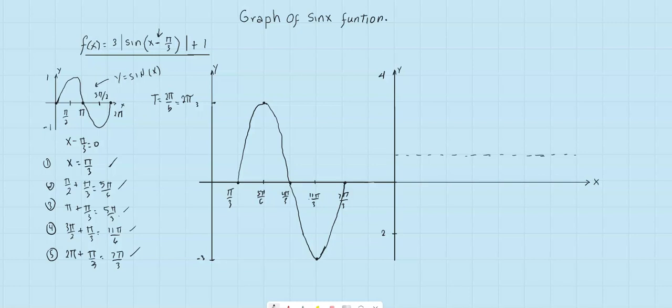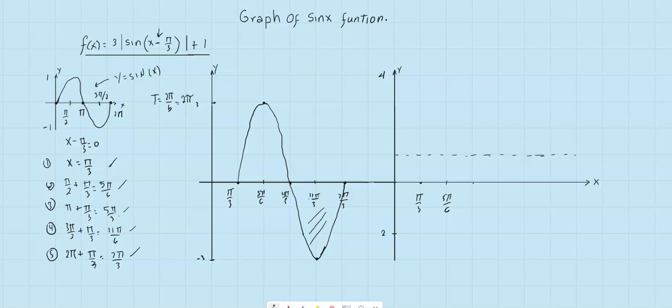Okay, the absolute value of sine of x minus pi over 3, what it's going to do is get this graph here. It's going to get this side here, all of this side here. Okay, and it's just going to flip it up to the other side. So instead of being like this, where I have my first zero right here, it's going to be pi over 3, then it's going to be 5 pi over 6.